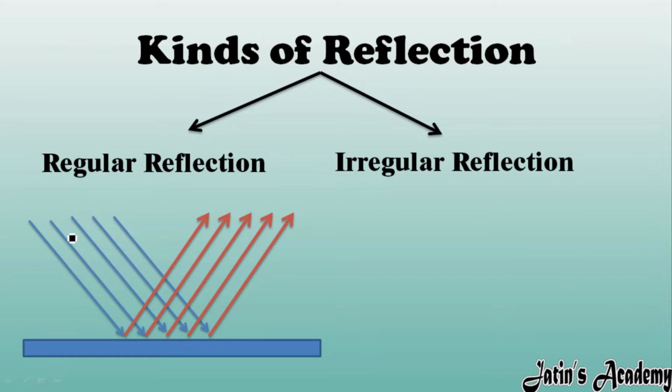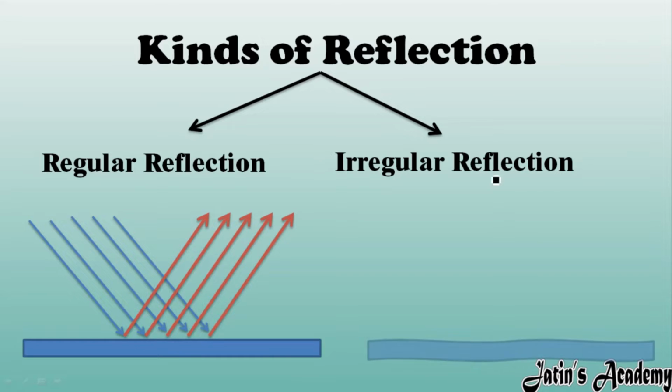The light which is going to strike on a plane mirror is the incident ray. So when a beam of incident rays comes parallelly and strikes a plane mirror, that light ray will reflect back also in a parallel manner only, and this kind of reflection is known as regular reflection.